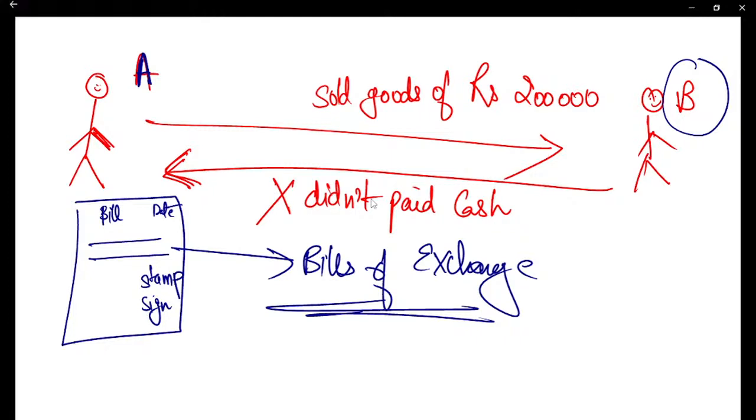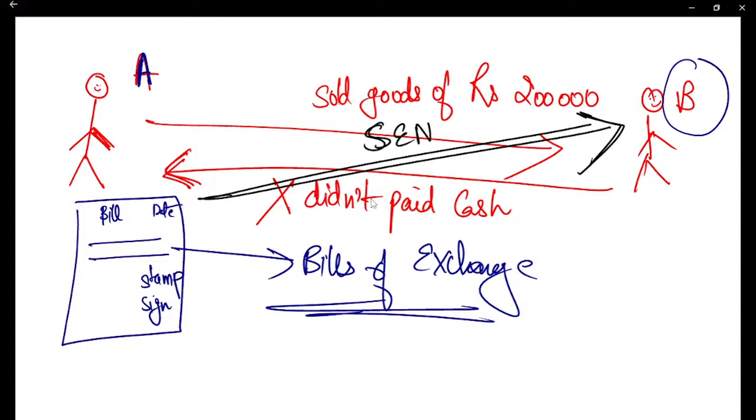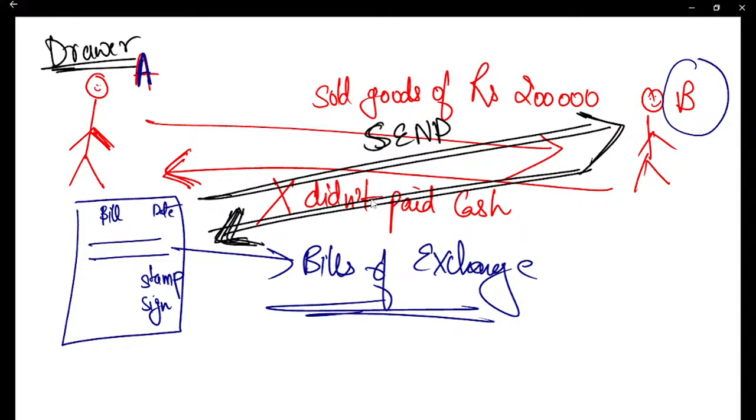So when I have drawn the bill, I will send it to B and B will accept it, and after acceptance he will send it back to me. B क्या करेगा? B इसको accept करेगा और मुझे वापस कर देगा. A was the drawer who was drawing the bill. B was the drawee who was accepting the bill. So this was bills of exchange.